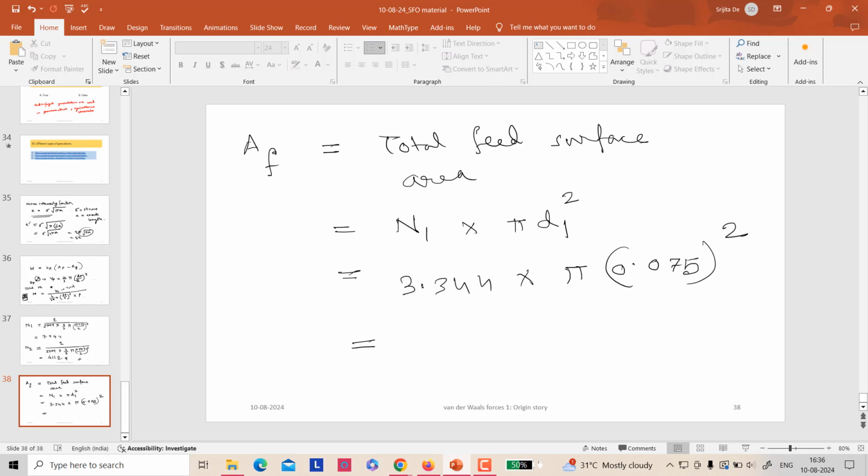We'll get the total surface area of all the feed particles, and it will come at 0.059 meter square, approximately. Are you getting? Yes, ma'am.